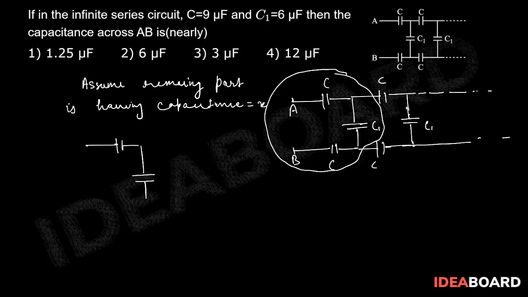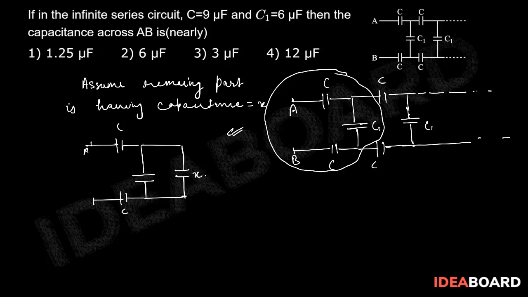This will be your C1, this will be your C, sorry, and this will be A and B, and the remaining part will have the capacitance of X. So we can keep this X like this. So our circuit diagram will be like this.